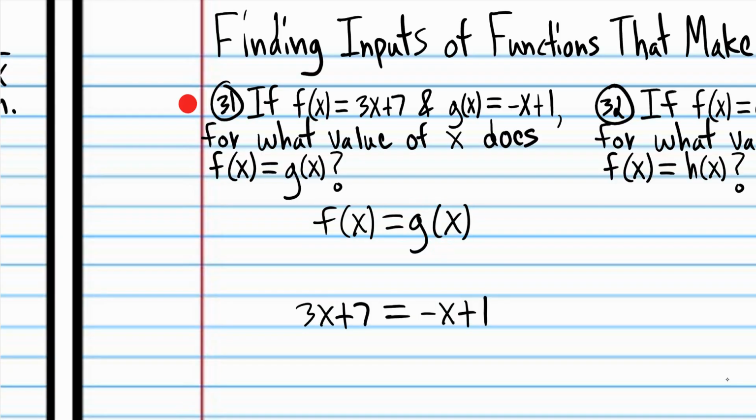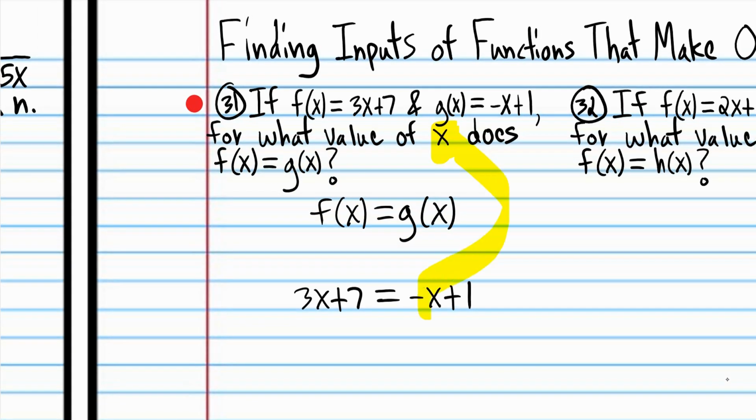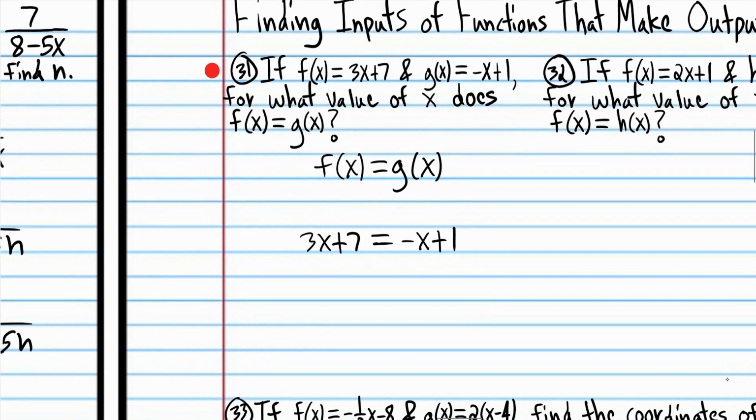So we want these two values to be equal to each other. And we're asked to find the x value that will make them equal to each other. So all we have to do is solve this equation. If this is true, then what x value makes that true? Well, you just solve the equation, and that determines the answer.